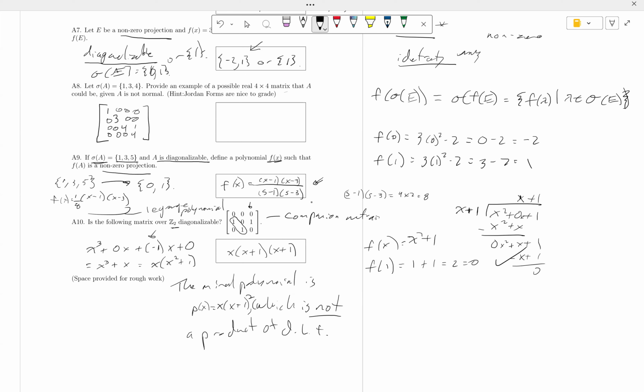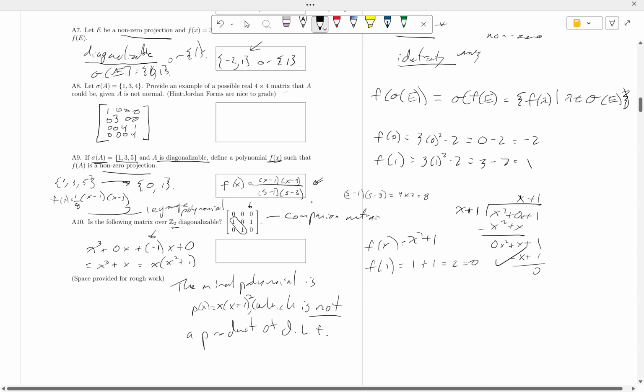Therefore, no, we are not diagonalizable.